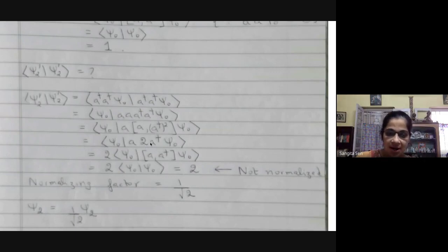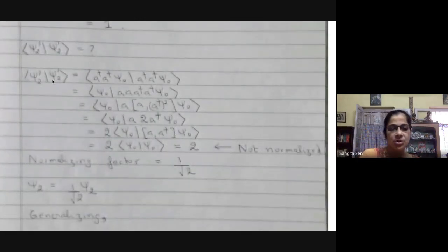Then 2 here, and I have a dagger left. Again, we replace it with the commutator, and we get psi0 overlap, which is 1, but psi2 prime turns out to be 2. So it is not normalized.